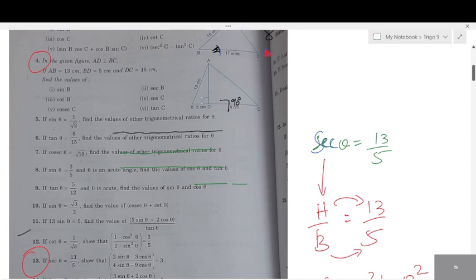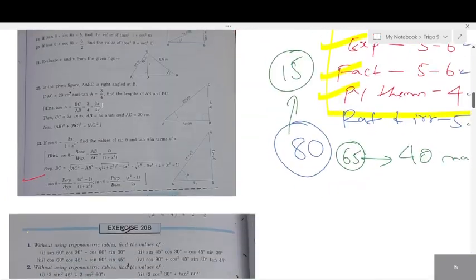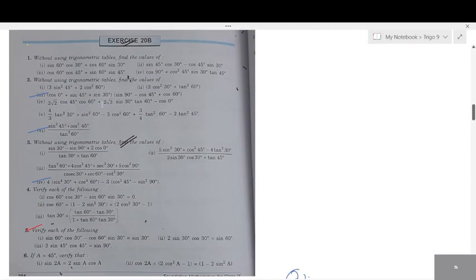You all remember how to solve the 4th main? Pythagoras theorem? Yes, sir. Okay, 4 and 13, enough. 2 questions enough in that main. 20b. In 20b, I want you all to solve one question. First main, just try first main, second question.